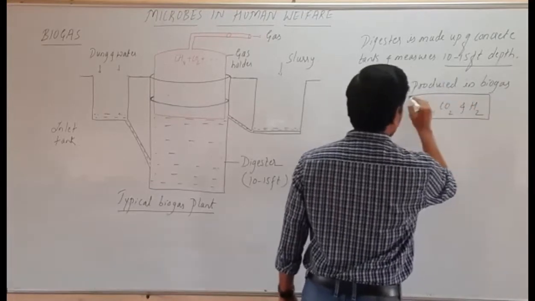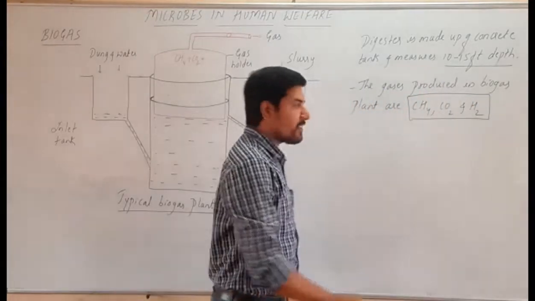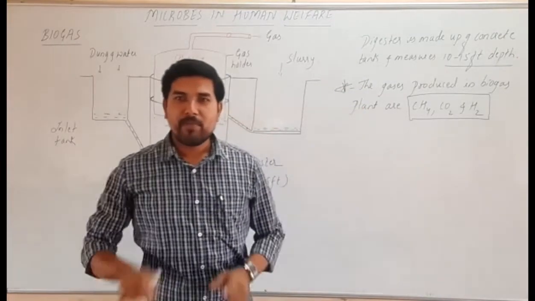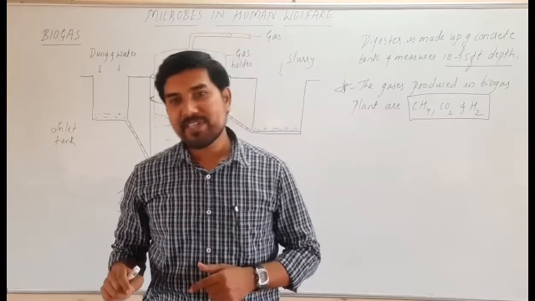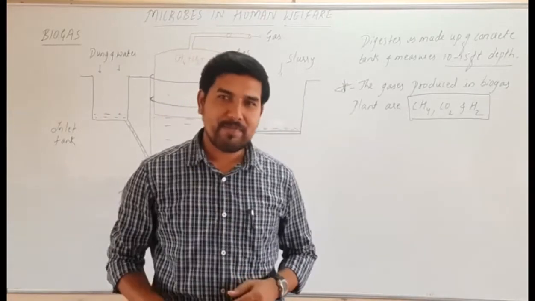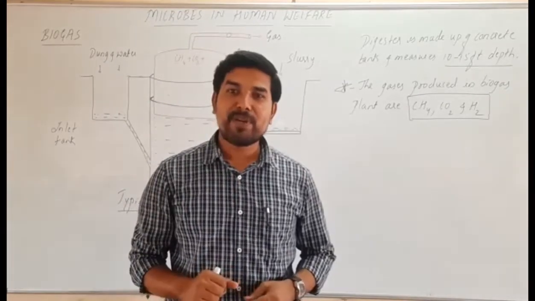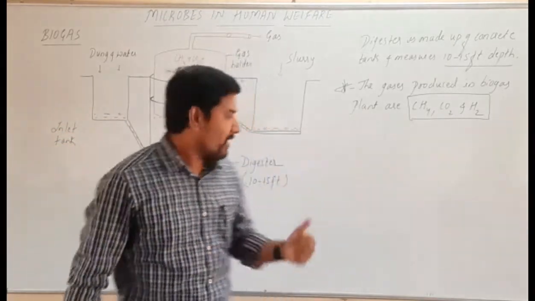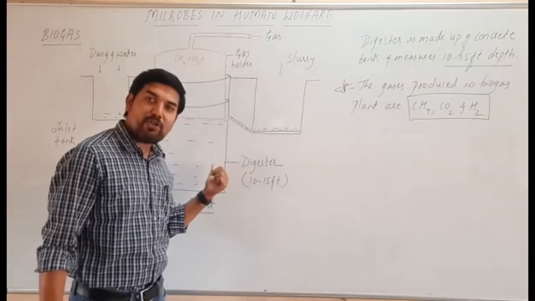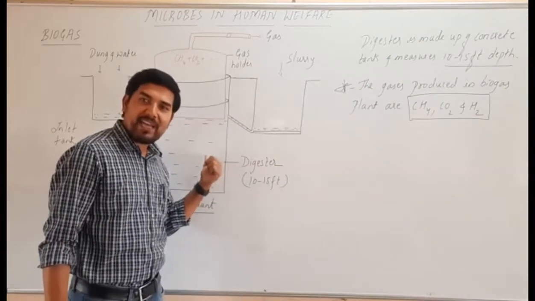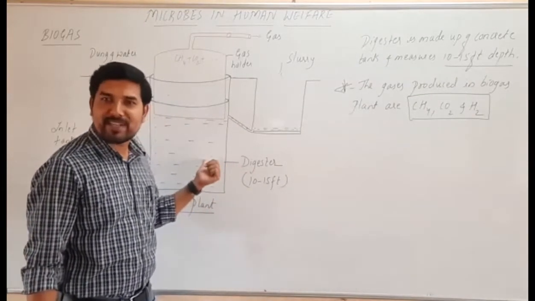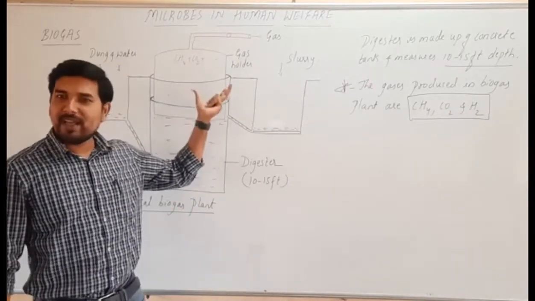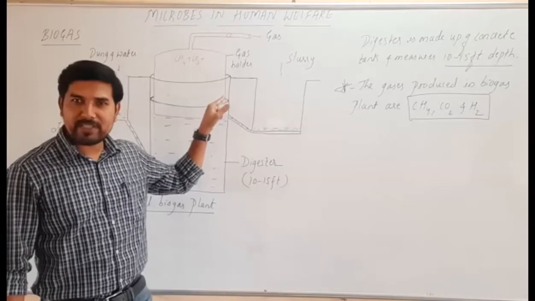These are the most important gases which are produced in the biogas plant. Because in the previous part, in the sewage treatment plant also, we came across the biogas which is produced in the anaerobic sludge digester. This is also called an anaerobic sludge digester because anaerobic microorganisms like methanogens act on the organic matter and produce the gas which is called biogas.